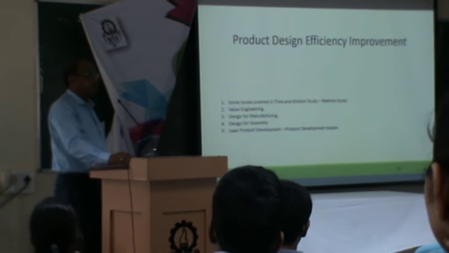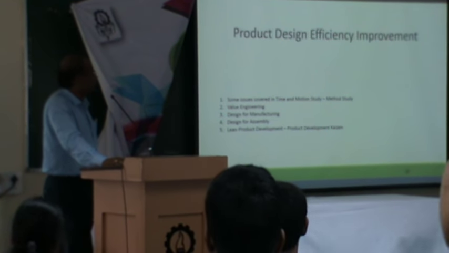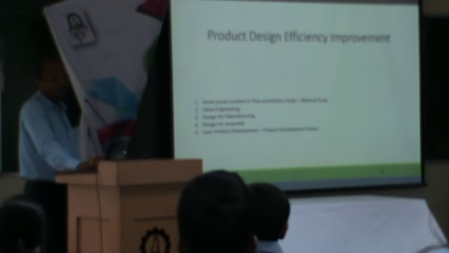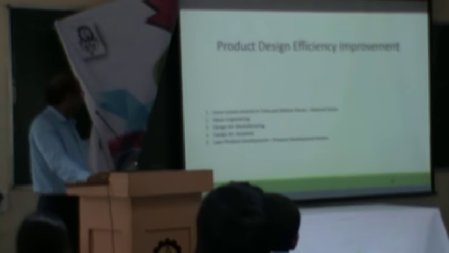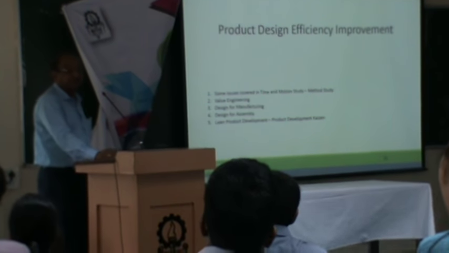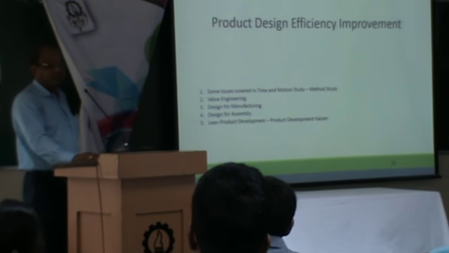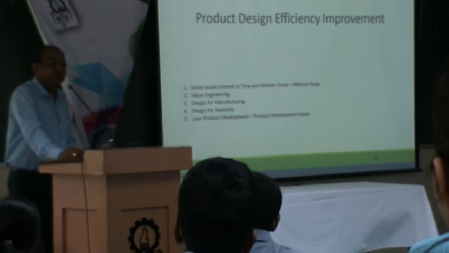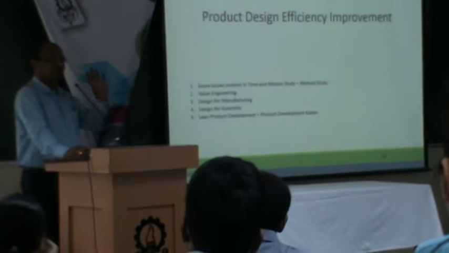Okay. So when you are talking of product design efficiency improvement, what sort of established techniques can I tell you? We have a standard subject called time and motion study, right? It is also called work study, and you are going to get a textbook on that. Within that time and motion study, some issues are covered.